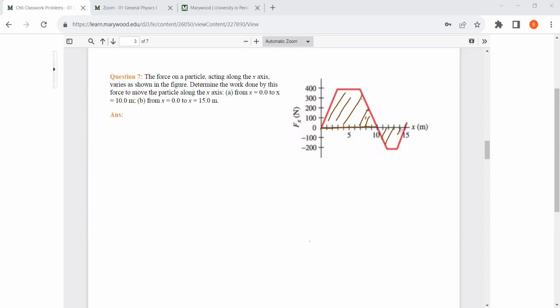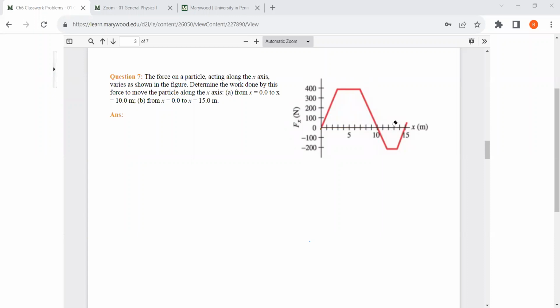First let's calculate the first one, when the displacement is from 0 meter to 10 meter. Now you see that this is not a triangle, right?